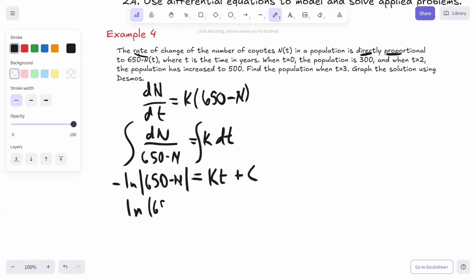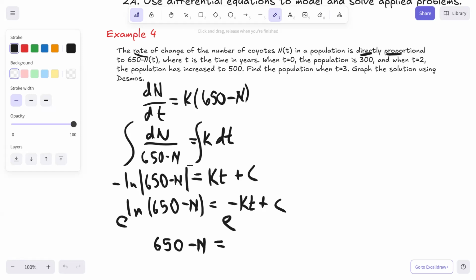And since 650 is the population capacity, we don't need the absolute value. So this would be negative kt plus c. All right, and then we exponentiate both sides. You would have 650 minus N equals c e to the negative kt.